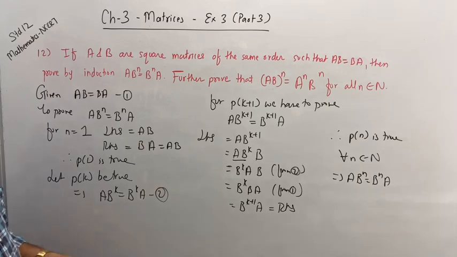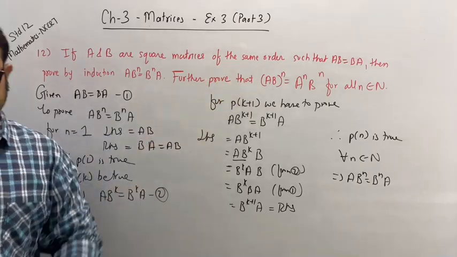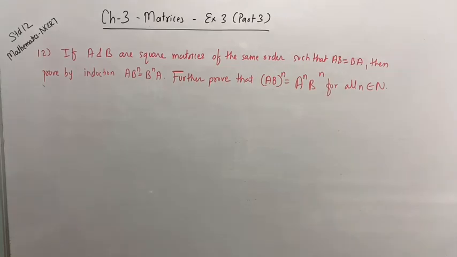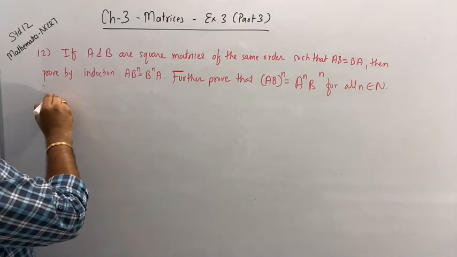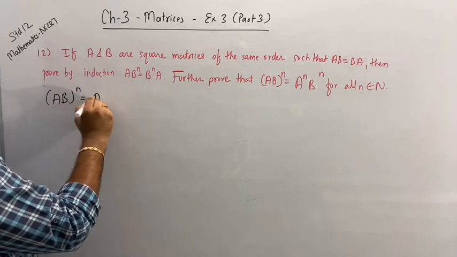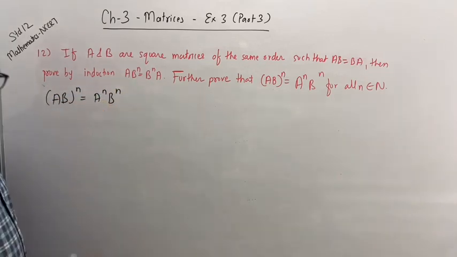So just note down this, then we'll solve this. Okay. Now for the next one, I have to prove (AB) whole raised to n equals A raised to n, B raised to n.